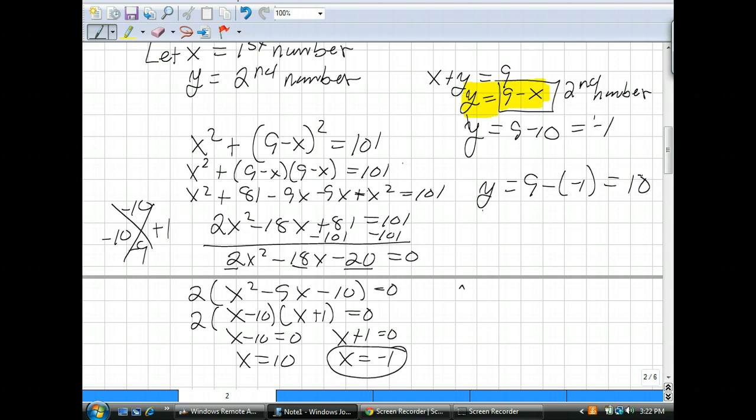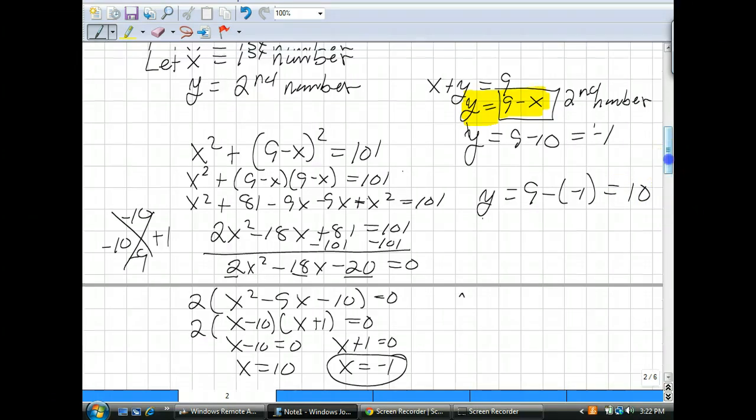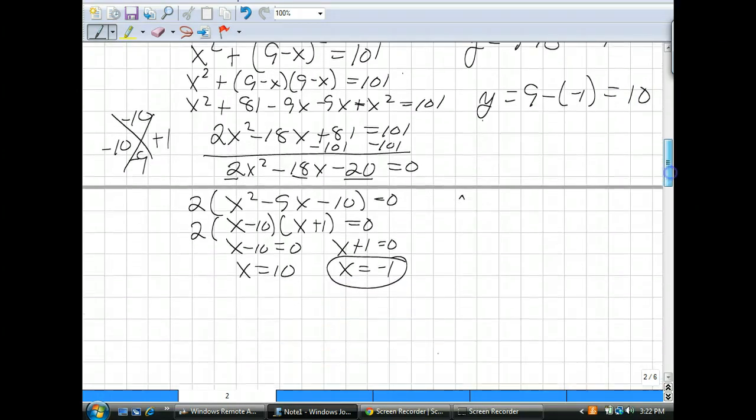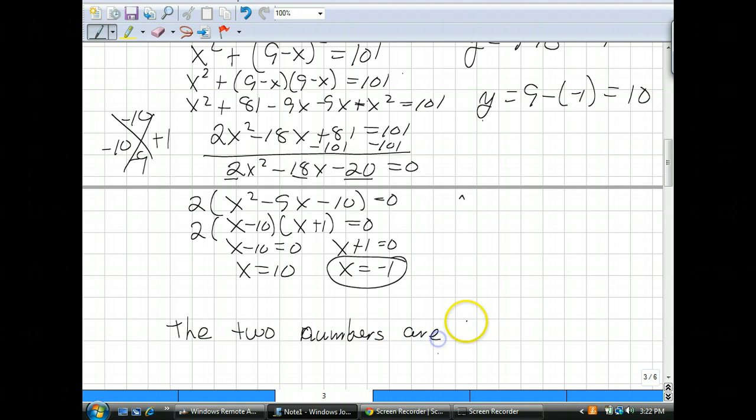Well, I get the same two numbers, so the answer is 10 and negative 1. So we would write our answer as the two numbers are 10 and negative 1.